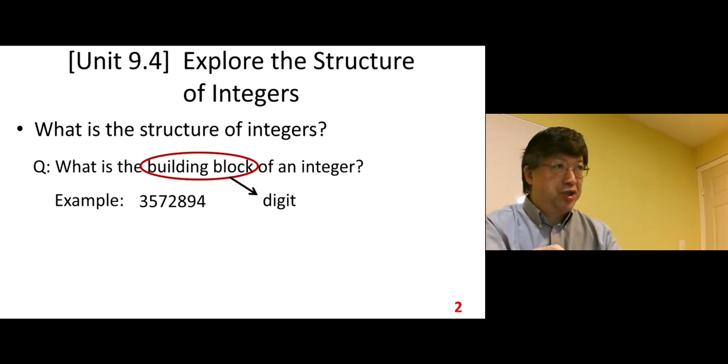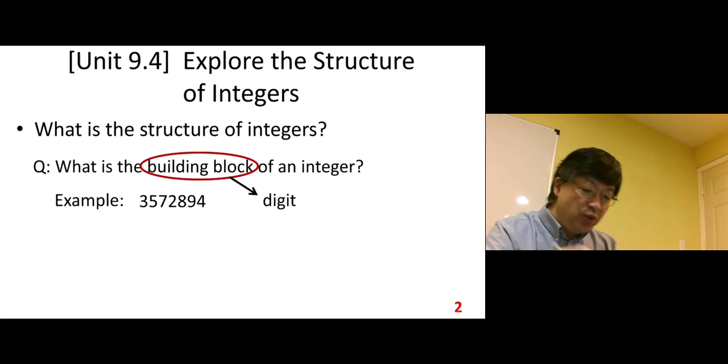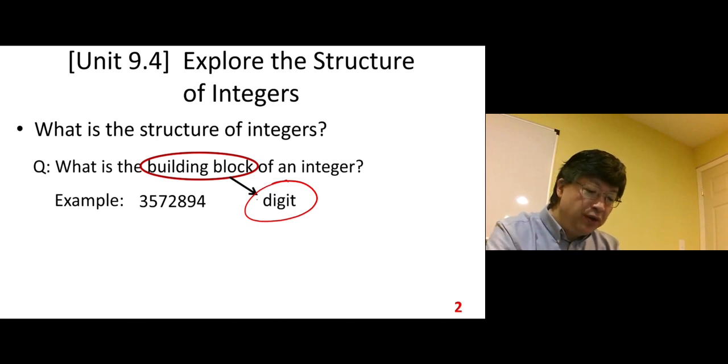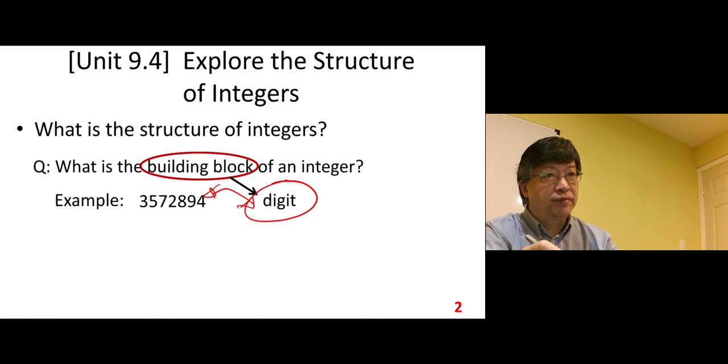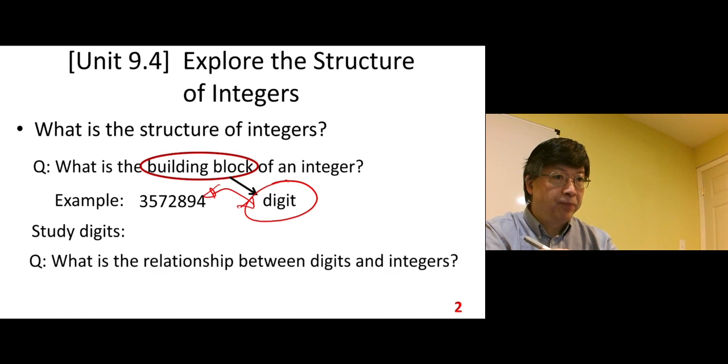We use digits to build this integer. So we need to study the properties of digits and the relationship between digits and integers. Then hopefully we can have a better solution. So let us study digits.